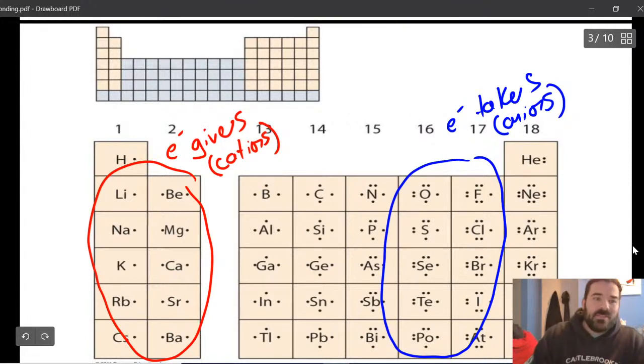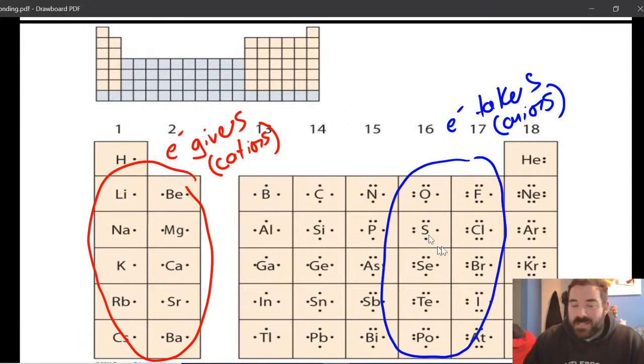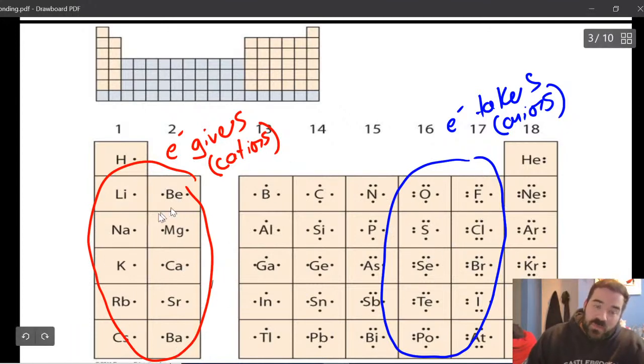So we have all these electron givers on the left side and all these electron takers on the right side. Well, it just makes sense that these electron givers and electron takers would bond together, because they make this beautiful relationship where they like to give their electrons away and they like to take the electrons. So these group 1 and group 2 atoms will give their electrons to these group 16 and group 17 atoms.